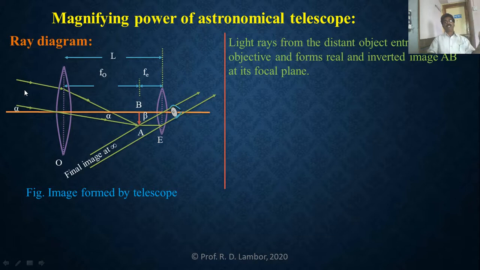So the rays coming from the practically infinite object enter the objective, and after refraction those rays form a real and inverted image AB at the focal plane of the objective at distance FO. म्हणजे focal plane वर ती image या ठिकाणी फॉर्म झालेली आपल्याला दिसते. So AB is the image formed by the object.